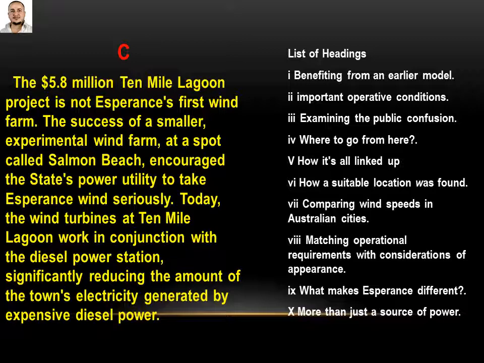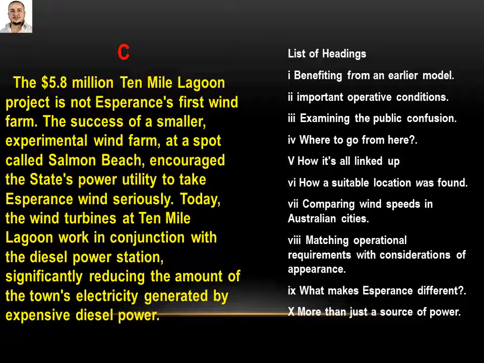Let's come to the headings. I want you to focus, before coming to the headings, on it's not Esperance's first wind farm. That means there was an earlier one. Let's go on with it before going to the headings.